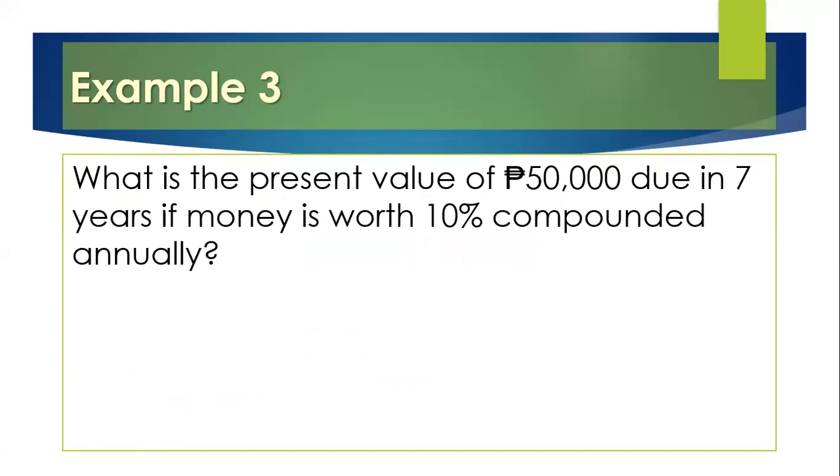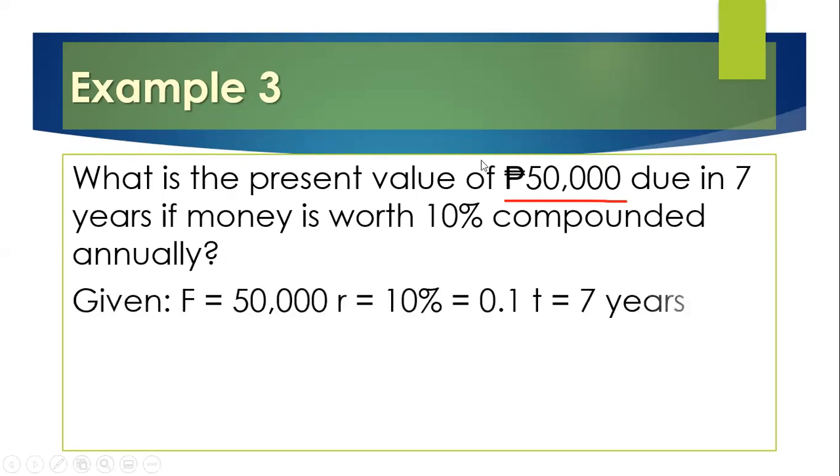So sabi, merong 50,000 na need bayaran after 7 years. 10% compounded annually daw. So ang given pala natin dito is yung future value or the maturity value. Given muna: F is equal to 50,000, R is 10%, 0.1 in decimal, T is equal to 7 years.